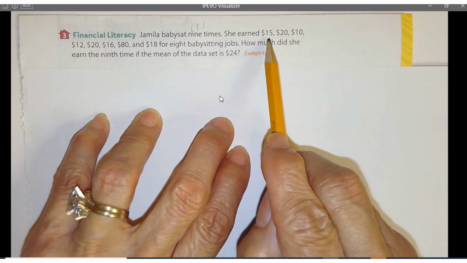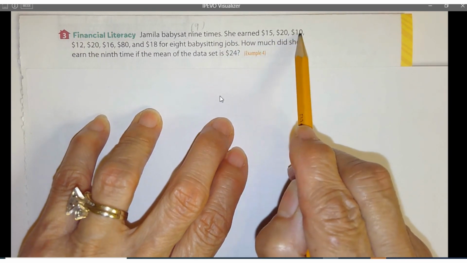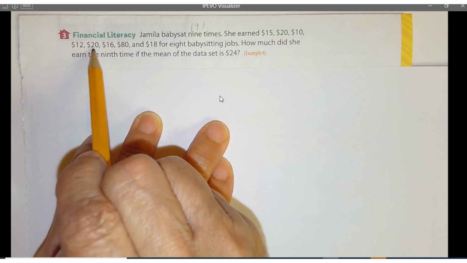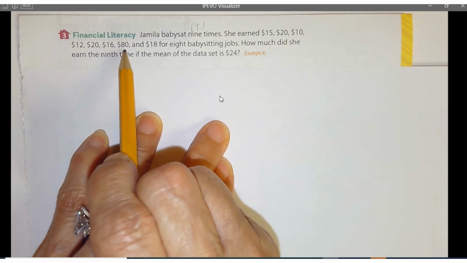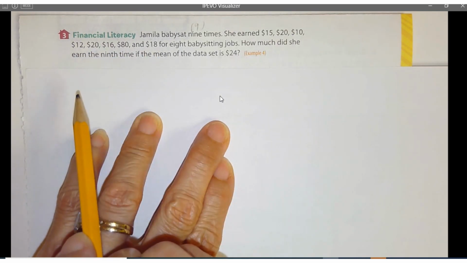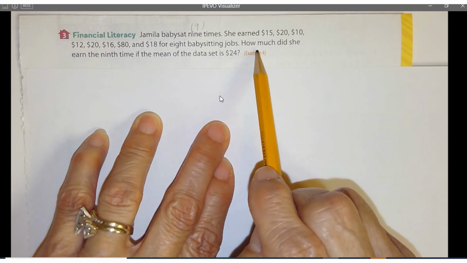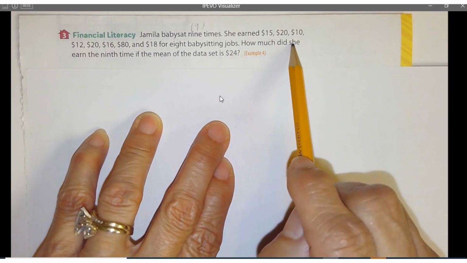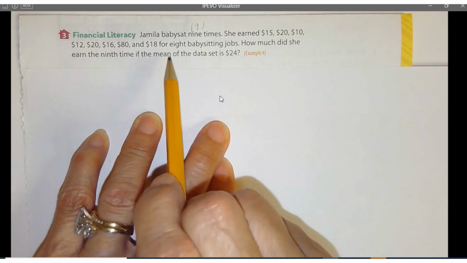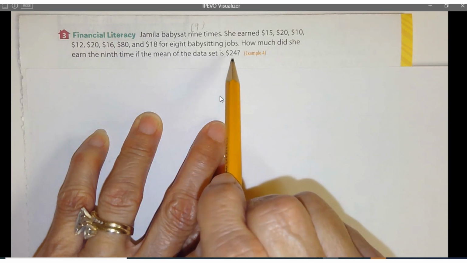She earned $15, 20, 10, 12, 20, 16, 80, 18. How much did she earn the 9th time if the mean of the data set is 24?